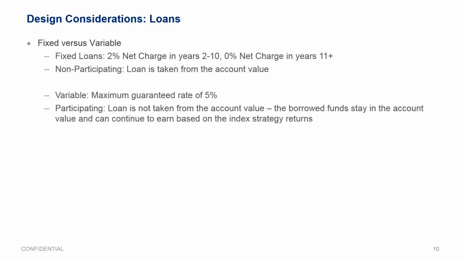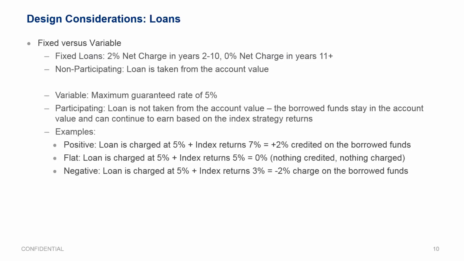What that means is that in year 20, when my client goes to borrow that $10,000, if they do so using a variable loan, that $10,000 actually stays in the account value and can continue to earn based on the index strategy returns. Whereas with a fixed loan, it's coming out, and my client is forfeiting the opportunity to earn on his borrowed money. With a variable loan, he can still earn even on the borrowed funds.